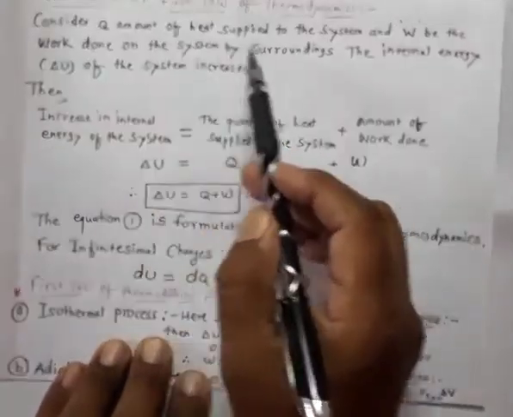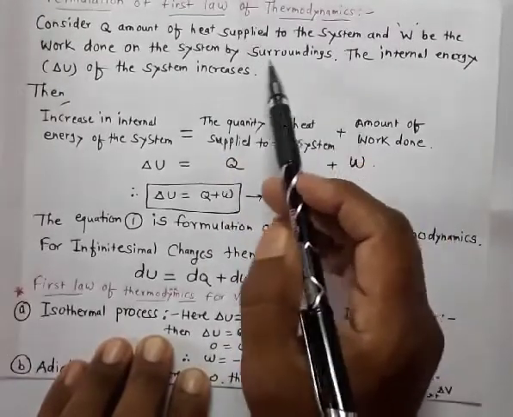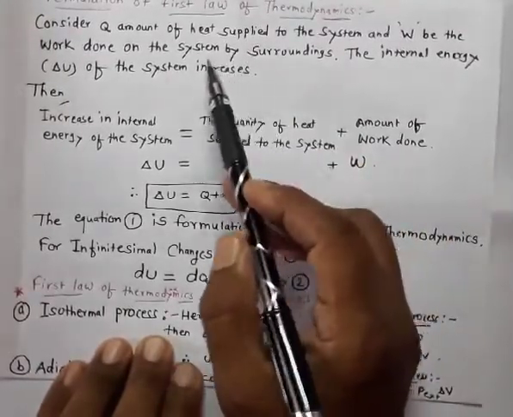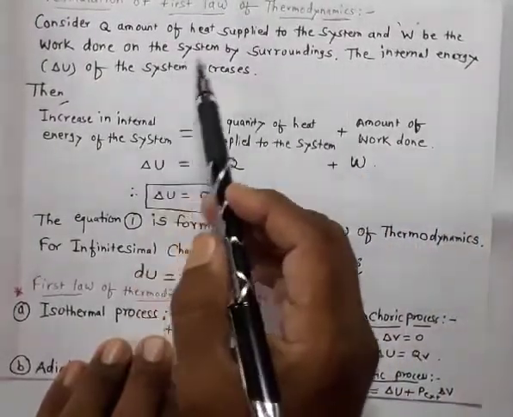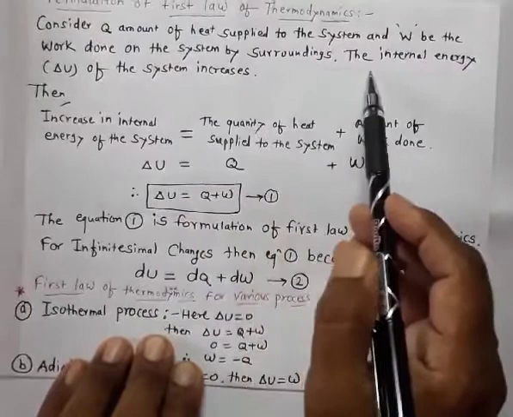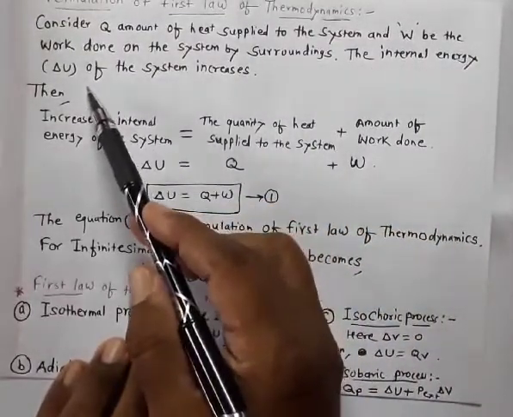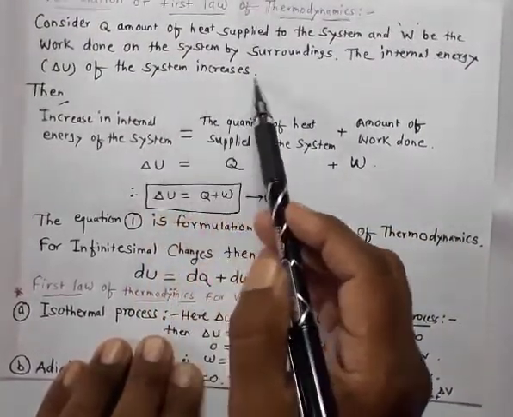Consider Q amount of heat supplied to the system. Suppose a system is there, Q amount of heat is supplied to the system, and W is the work done on the system by the surroundings. The internal energy delta U of the system increases.